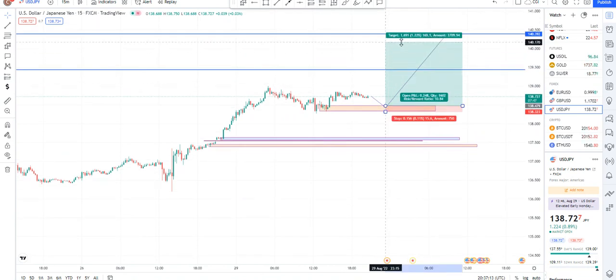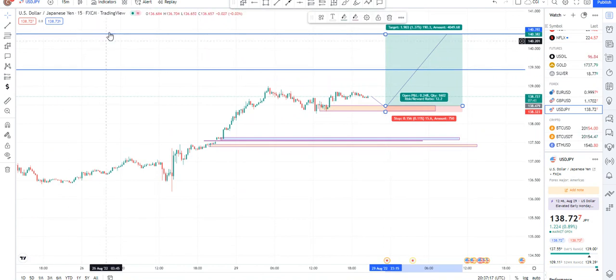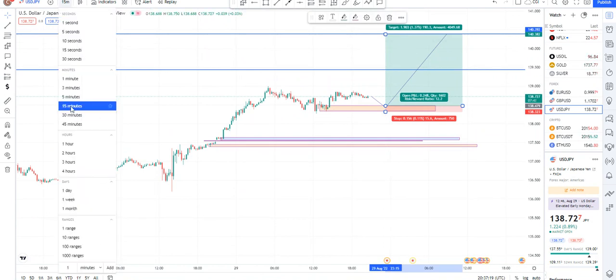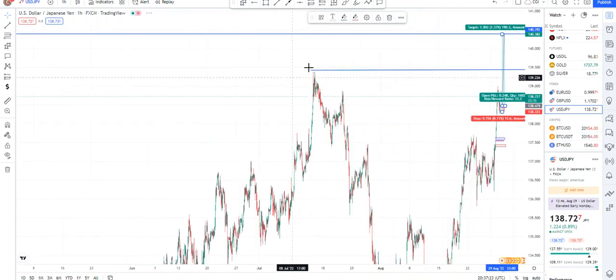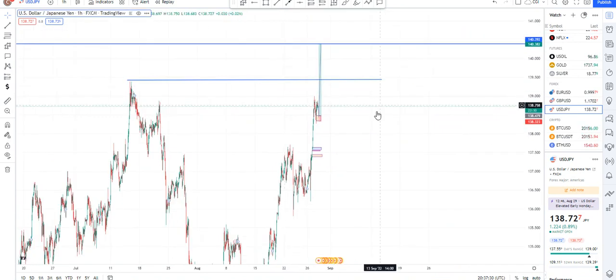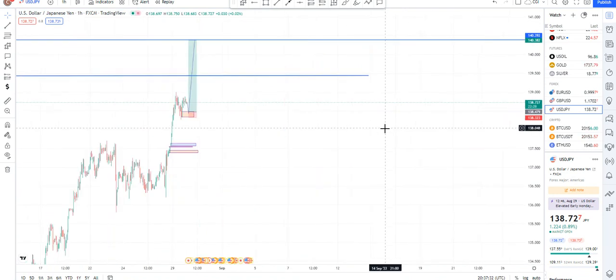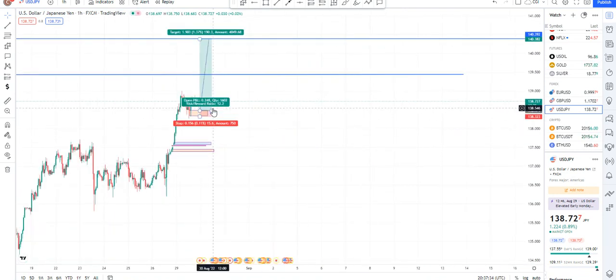But my first take profit will be at this external liquidity. So let me show you guys external liquidity for reference. The first external liquidity here is the first place that you take profit. The final target is here. So that's basically the idea for USD JPY.